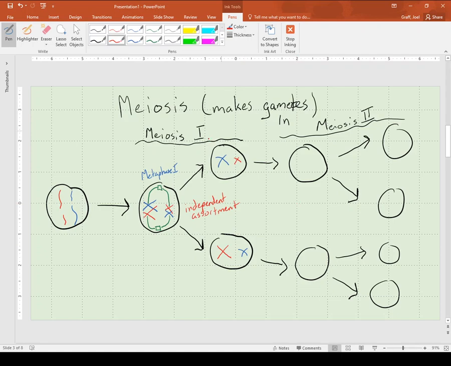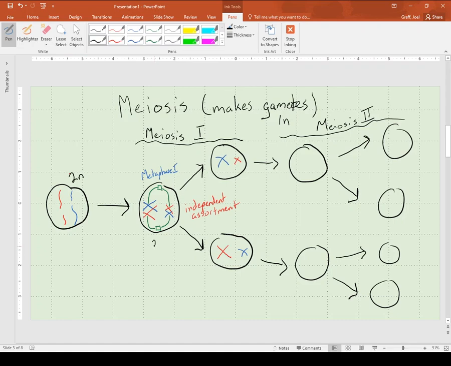Okay, so this one we said was 2N. It has two copies, 2 long chromosomes and 2 short chromosomes, so it's 2N.